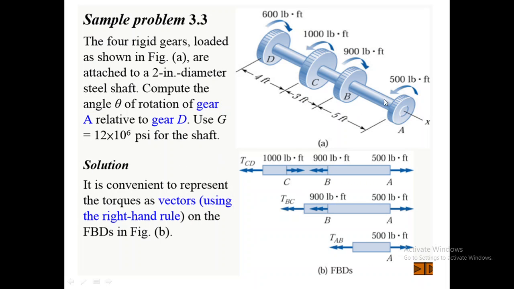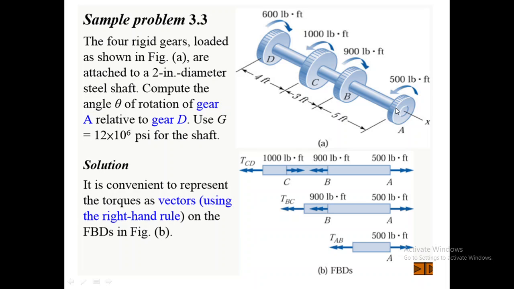So here, since different torques are given at these points, the angle of twist for each portion will be different. So this full shaft we will try to separate individually into different portions.